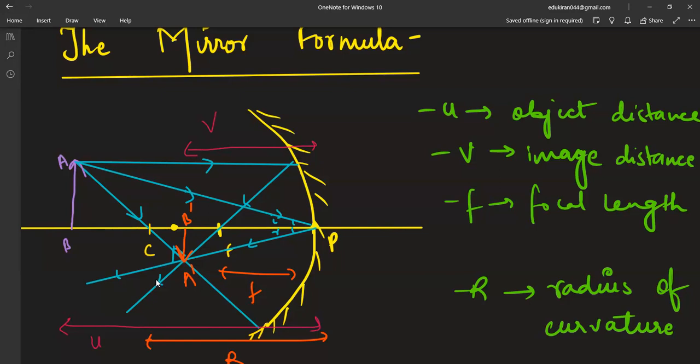The reason is that if you look at this triangle APB and this smaller inverted one, A dash B dash P, you can see this angle is this angle, both are equal. This side is common, and these angles are the same, I and R. So ASA, angle side angle property, both these triangles are also similar.